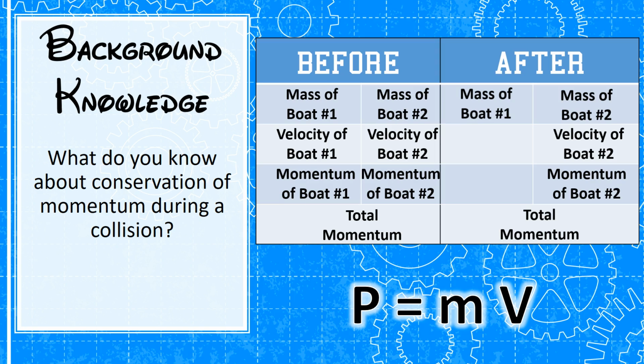The shortcut: if I know the total momentum and I know one object's momentum, I take the total momentum minus the individual momentum of boat number 2 in this case. That would help me find this boat's momentum. Now that I have two variables, I can solve. I would plug in the mass of boat 1 after the collision and the momentum of boat 1 after the collision, and then I would solve for its velocity.